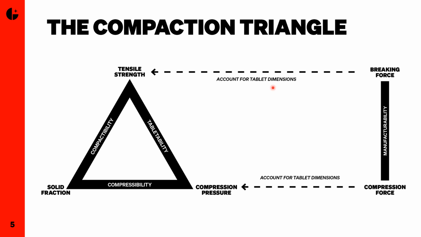The one piece of information you need to have about your material before you would start this type of analysis is that in order to calculate solid fraction, you need to have the true density of a material. For most well-studied excipients and APIs, this will be something that can be looked up quite easily. It can be measured by helium pycnometry, and if you're working with a blend, it's an additive value.